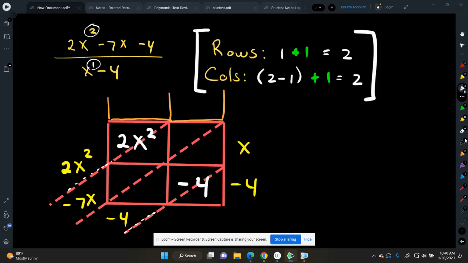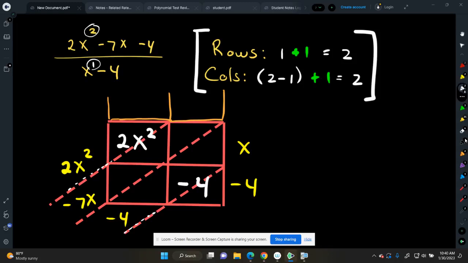So now I can figure out what goes at the top of that column. What do I multiply the x by? 5x squared, because x times 5x to the 2nd is 5x to the 3rd. Now I can finish this column. We get 10x squared.